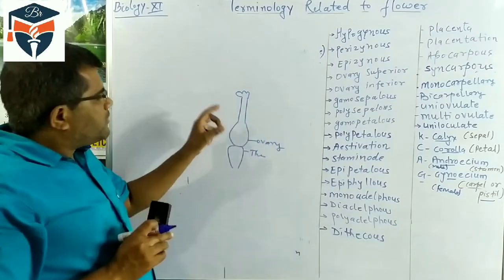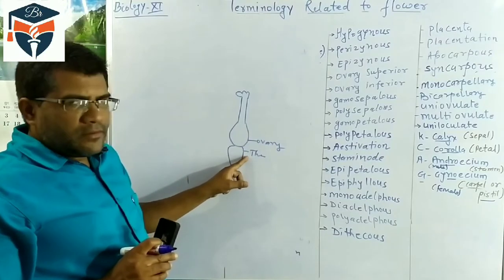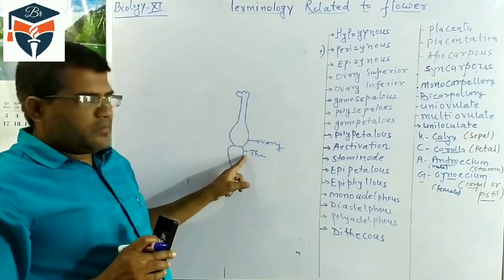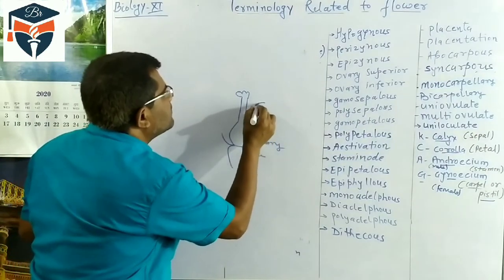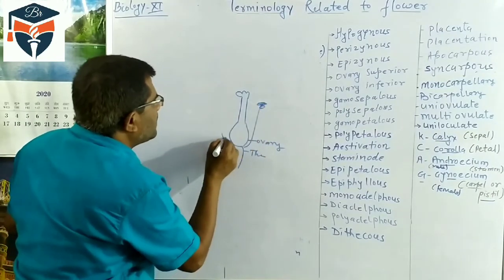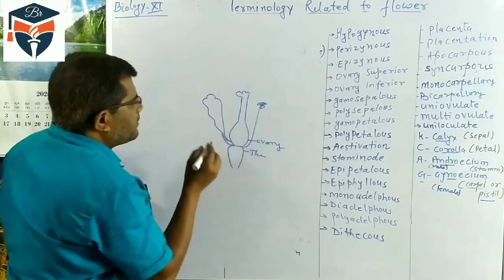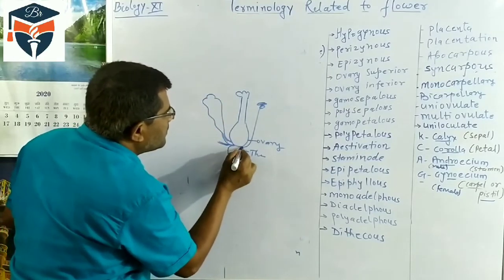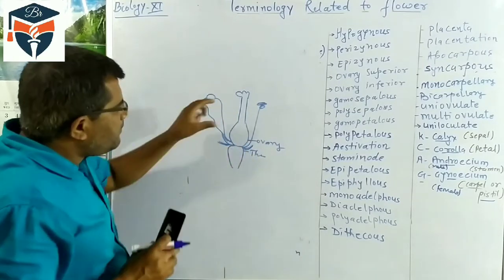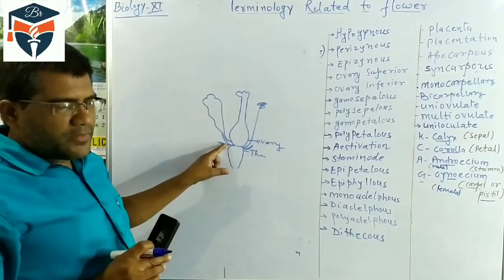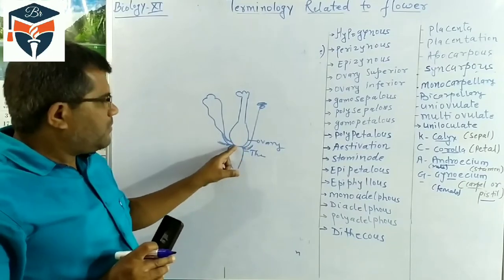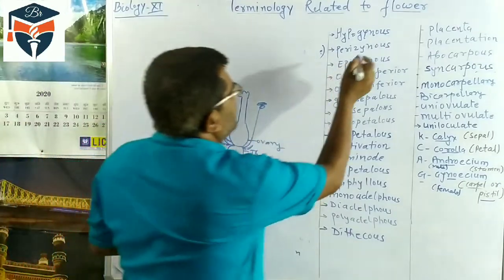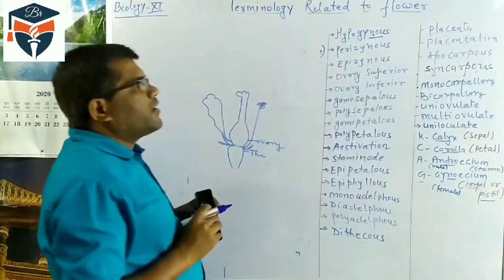If the ovary is on the thalamus and the other parts, suppose this is the male part, or this is the petal part, or these are the sepal parts, arise below the ovary on the thalamus, this type of flower is called the hypogynous flower.